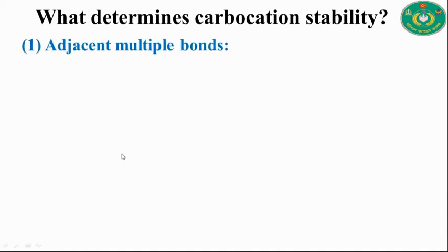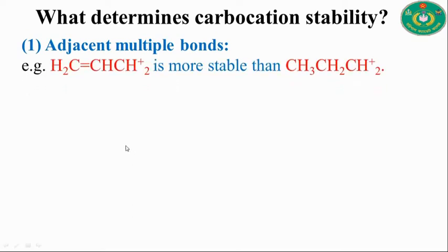First of all, we will discuss the factor of adjacent multiple bonds. If a compound contains pi electrons adjacent to the positive charge, then this carbocation will be more stable than others which contain no adjacent multiple bonds, that means adjacent double or triple bonds.